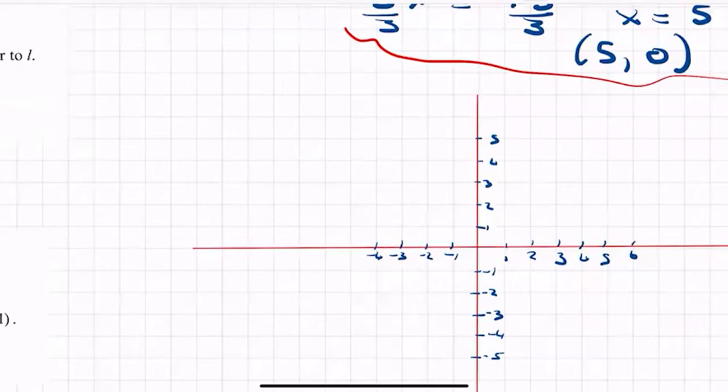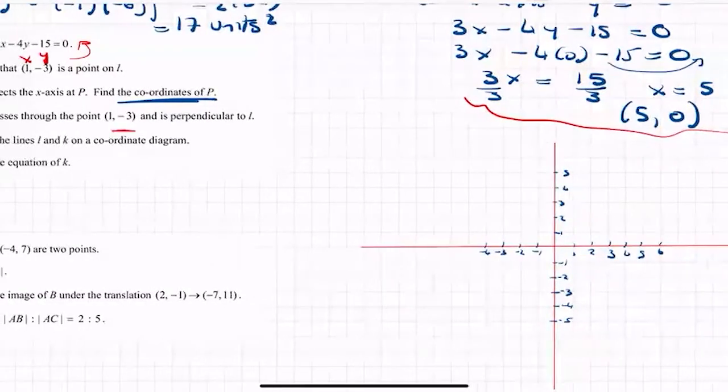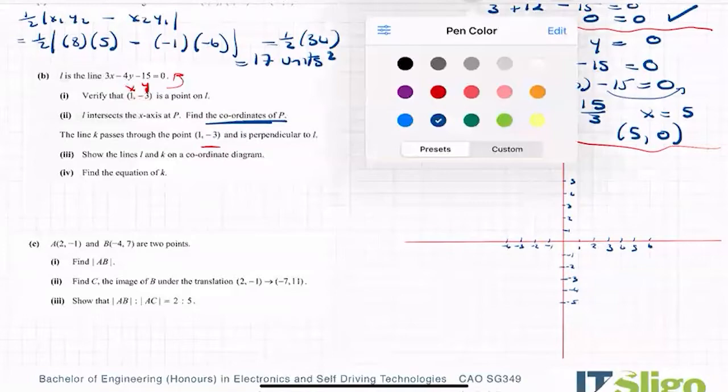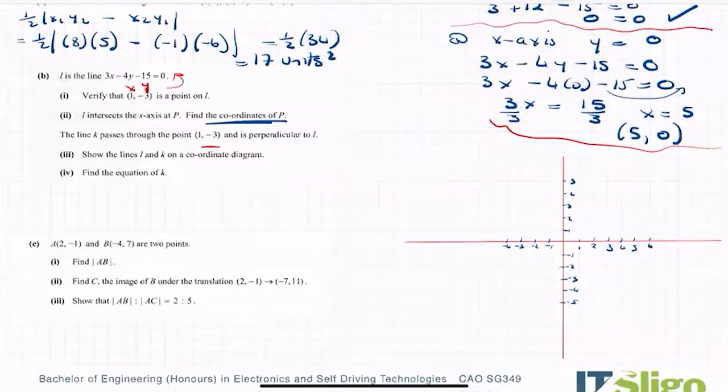It's (0, 0). Okay, so to plot any line, you need 2 points. So what information do I have? Well, L is the line that, we verified, has (1, -3) on it.